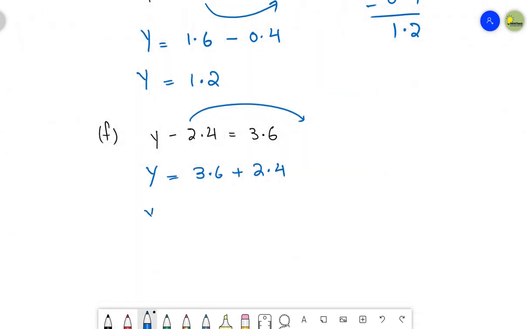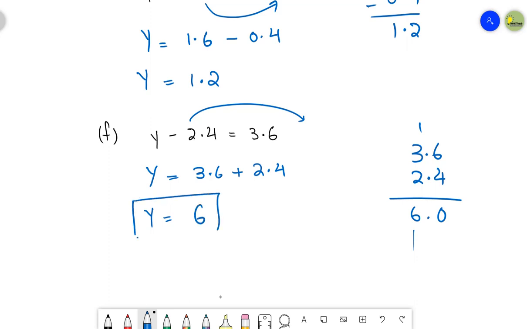Now just add the two decimal numbers, 3.6 and 2.4. When added together, 6 plus 4 is 10, 1 will be carried. 3, 4, 5, 6. 6.0 is going to be my answer, or I can simply write 6.